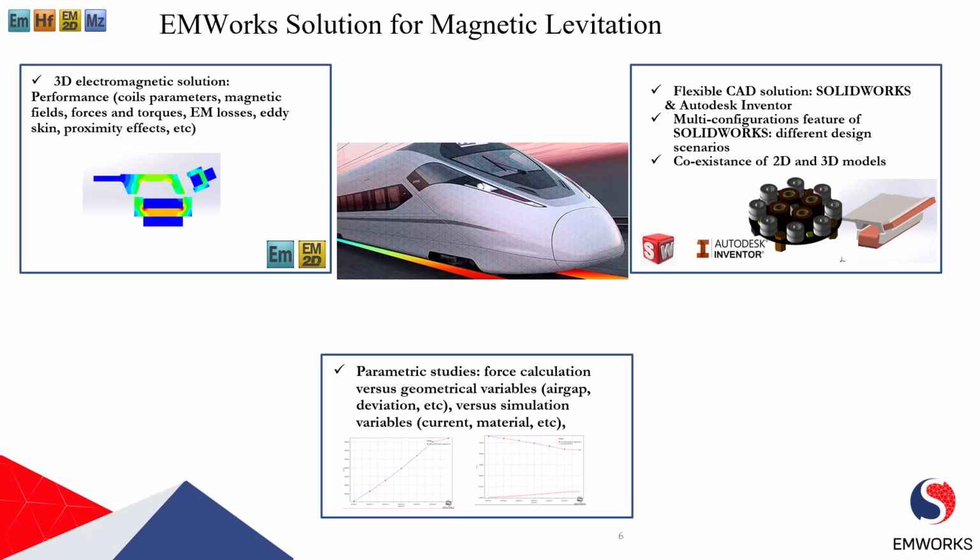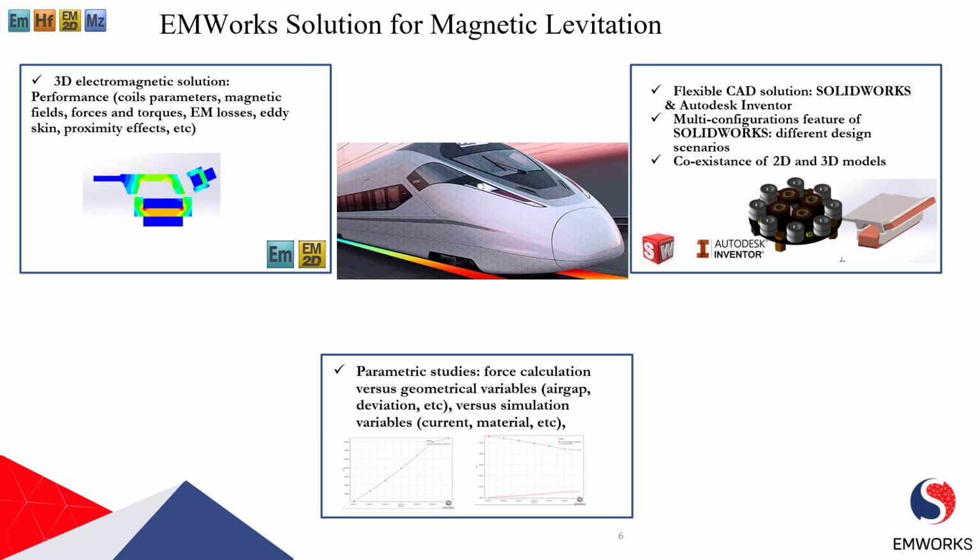This is the 3D electromagnetic solution, which is embedded inside both SolidWorks and Autodesk Inventor, which is the software that we will demonstrate in this session. These two powerful CAD solutions can help you to design whatever ideas you have in mind.